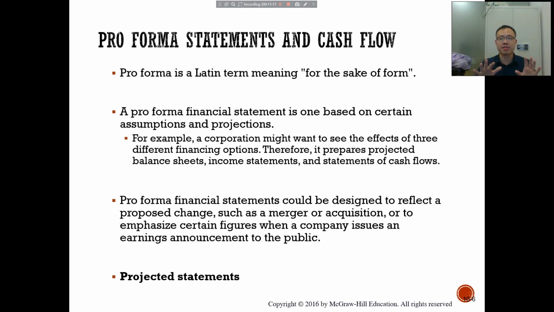That is, for anything that the company is planning to do, before your action, you should create a pro forma or projected statement of the financial statements to see what happens if this decision is made, if this action is taken. Will my sales go up or go down? Will my tax go up or go down? Will my net working capital go up or go down? Let's think about the decision of retiring some external debt.